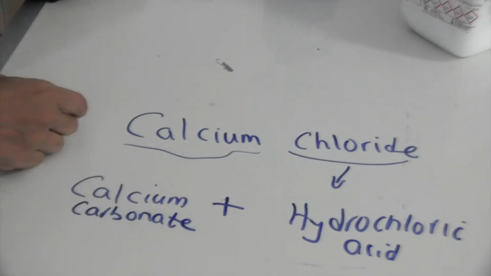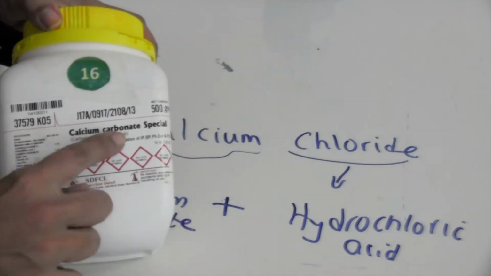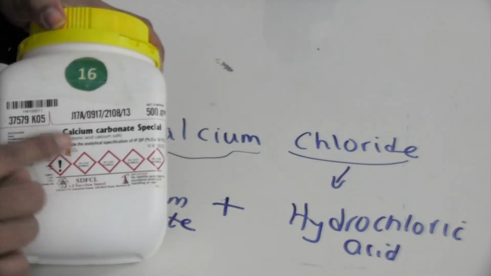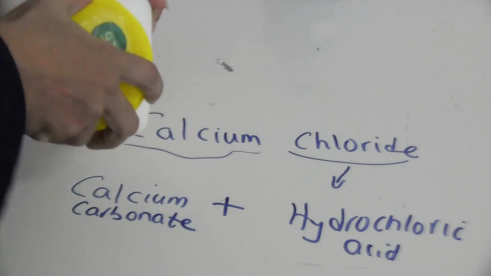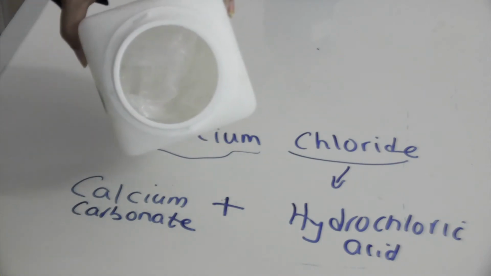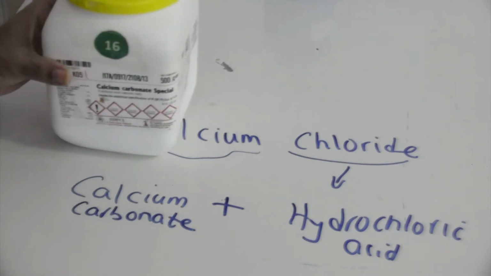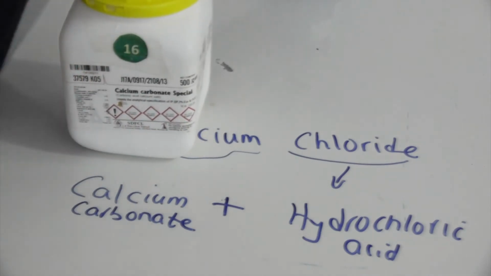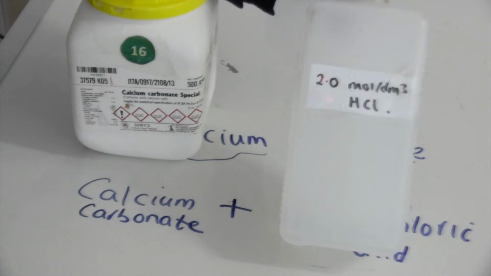So I've got some calcium carbonate. So this is my calcium carbonate, a white solid, powdered, and I have also hydrochloric acid, HCl.